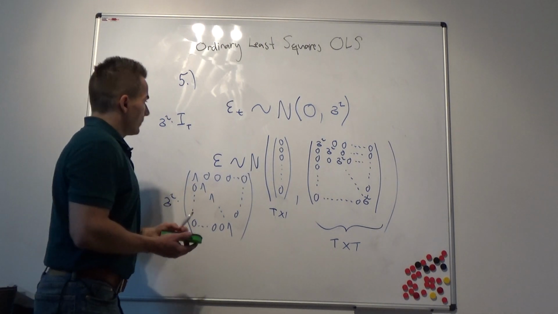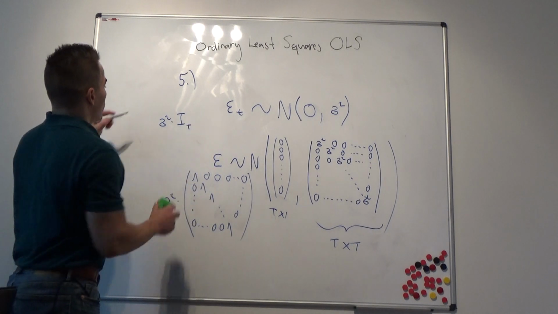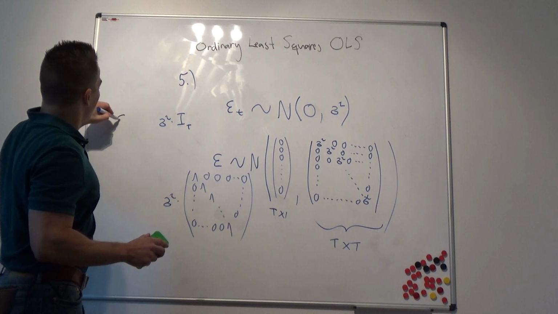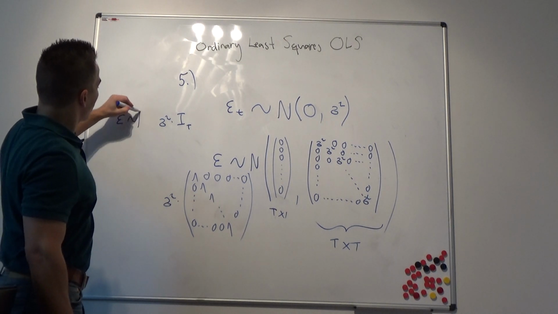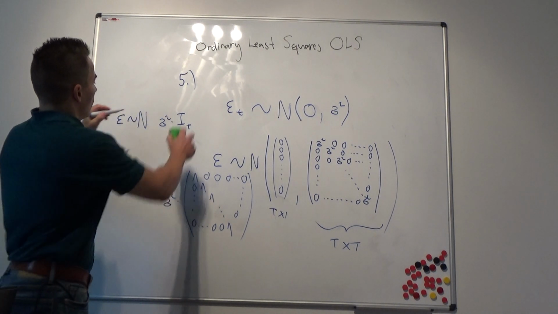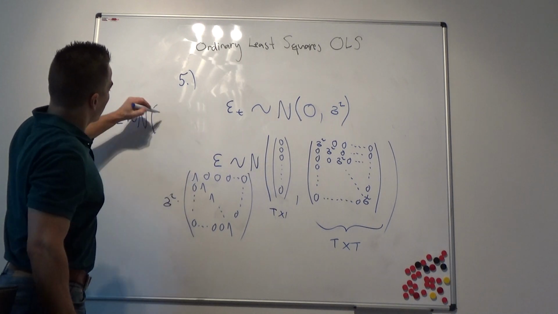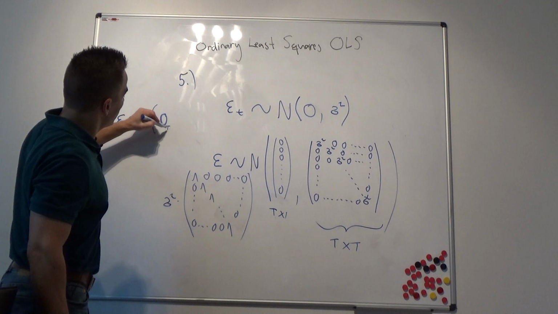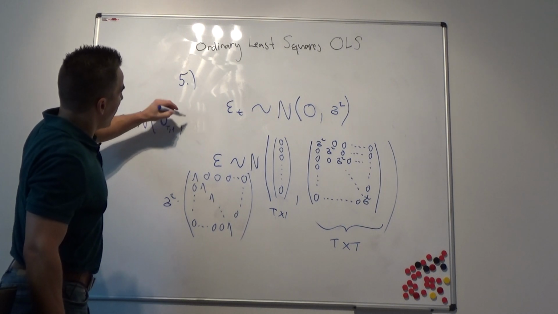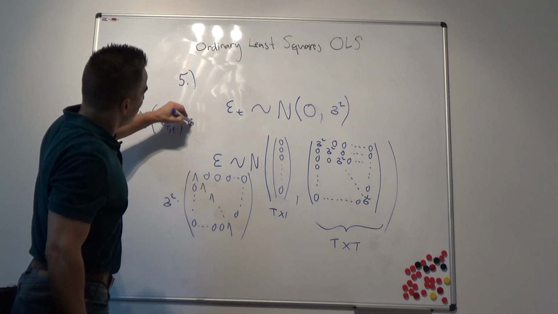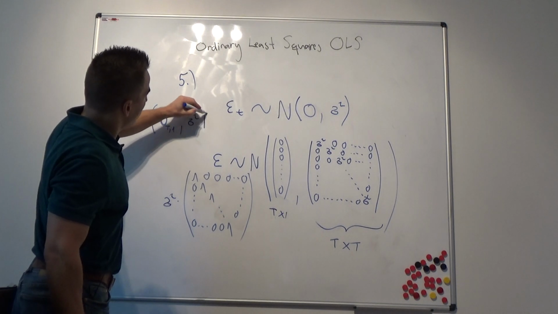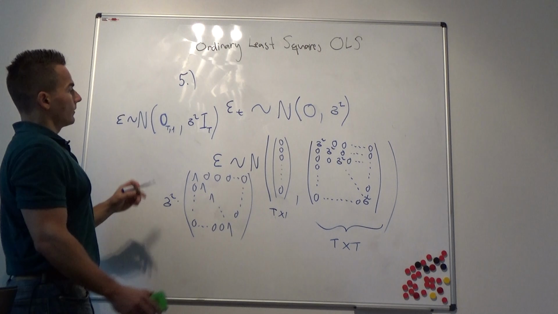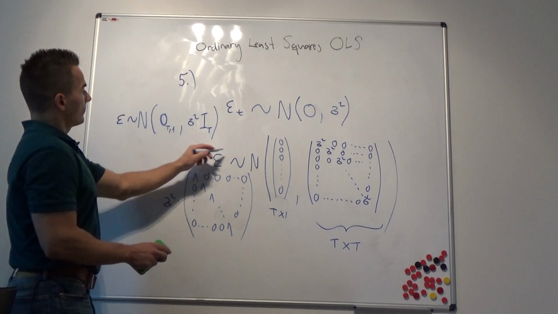So we can rewrite it. Basically we can say, okay, epsilon follows a normal distribution with a vector of zeros, dimension t by 1, and sigma square times the identity matrix of dimension t. Yeah, so that's another way you could write it.